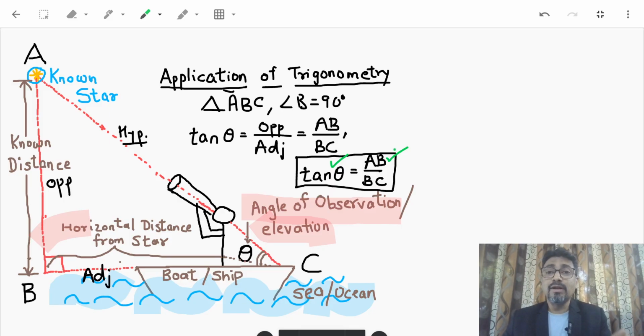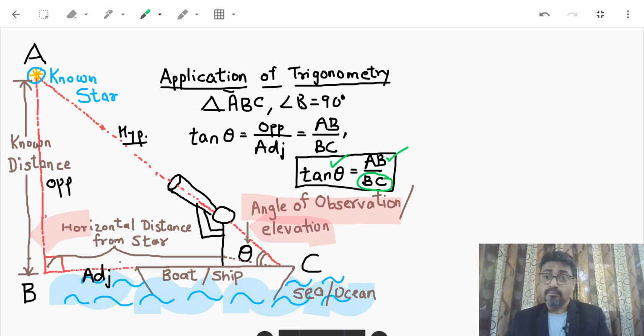The mathematicians and scientists had developed the trigonometric table, and trigonometry came into play here. So tan theta is known for the angle of observation, and AB is known for that known star. What we get to know is the value of BC, the horizontal distance of the sailor from the base of the star or from that one known location.